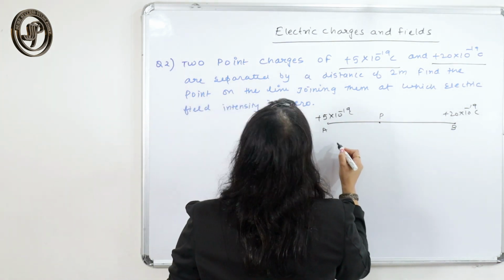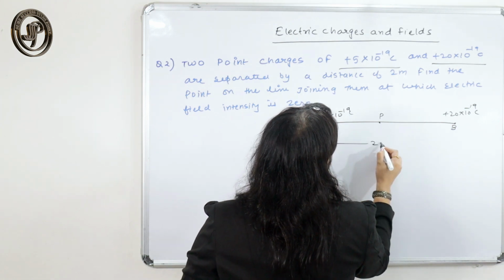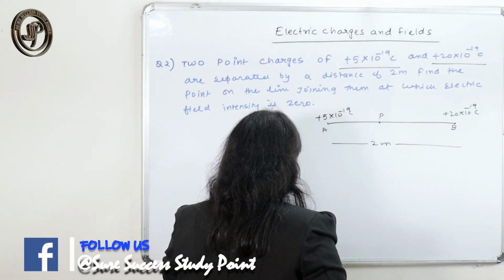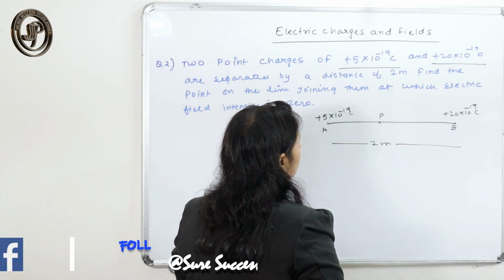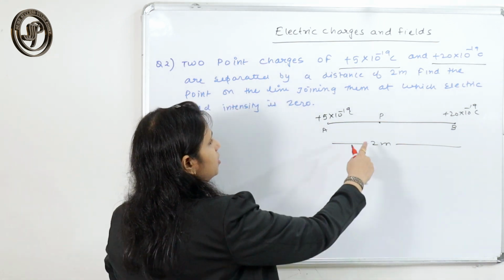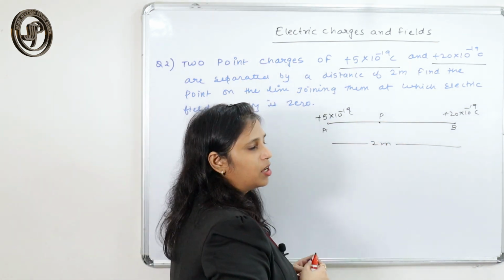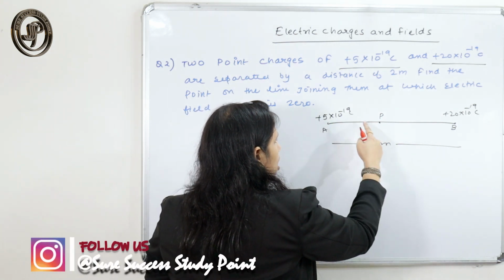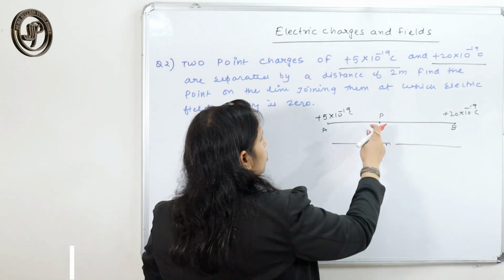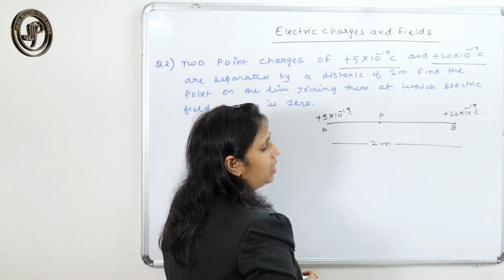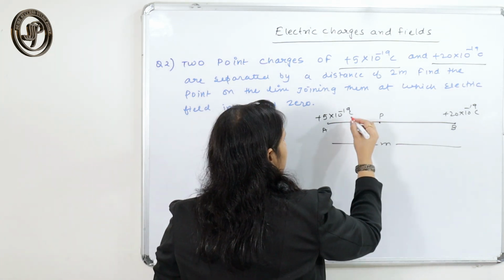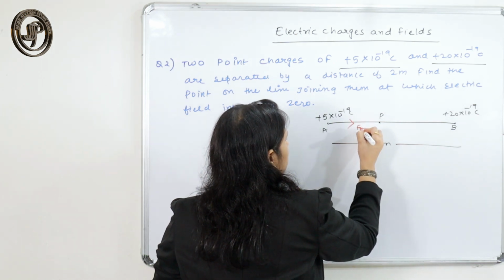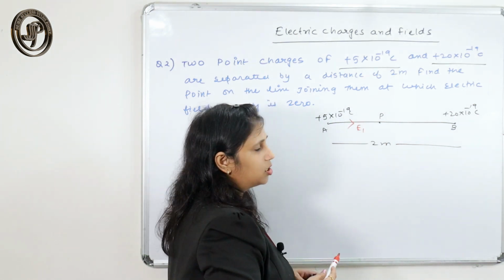So, how can we find the direction first? How can we find the direction of electric field? See, this is my test charge now and this is my source charge. Both are of same sign. If both are of same sign, then the direction of electric field is what? Away from the source charge.